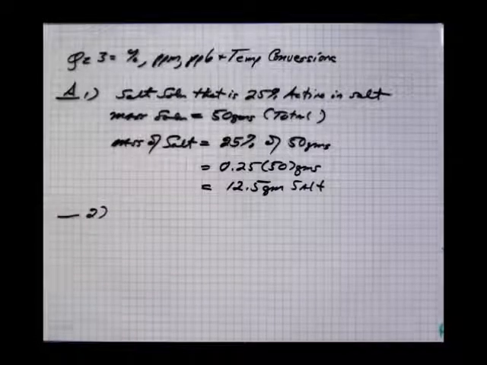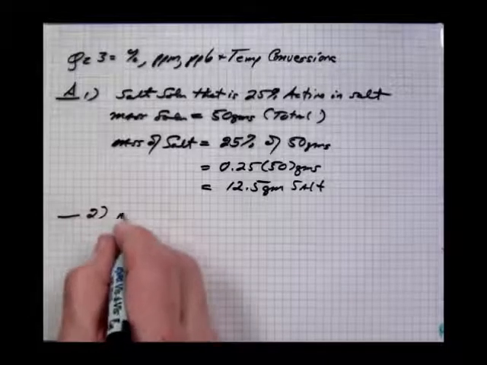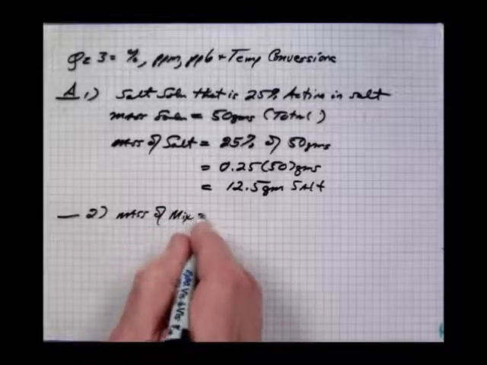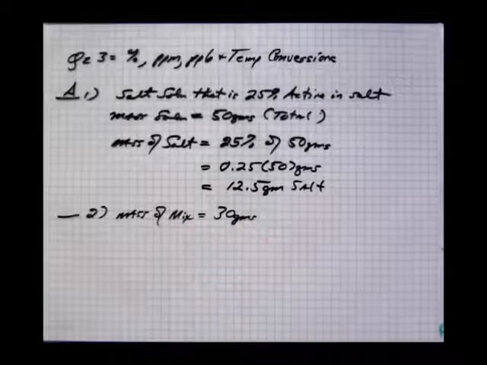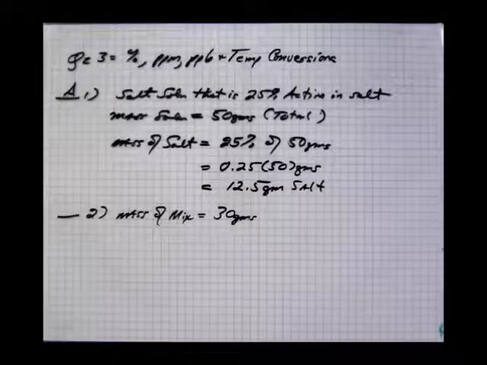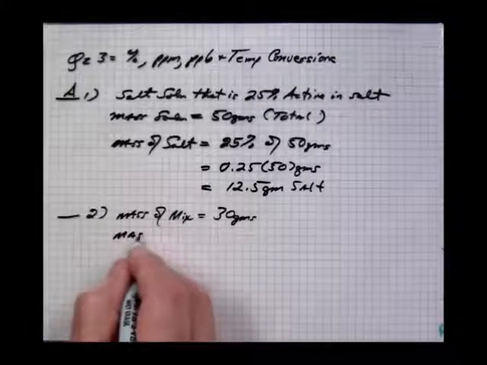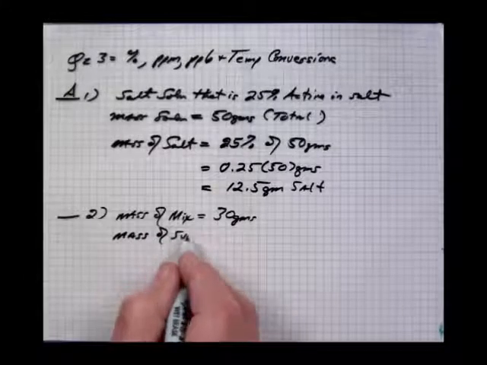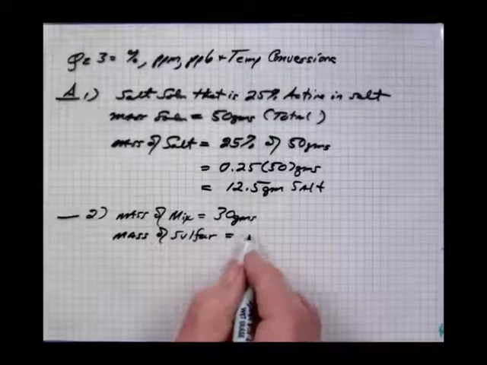Number 2. A 30 gram sample of a sulfur iron mix. Okay, mass is 30 grams. It was analyzed to find out that the mass of sulfur is equal to 17 grams.